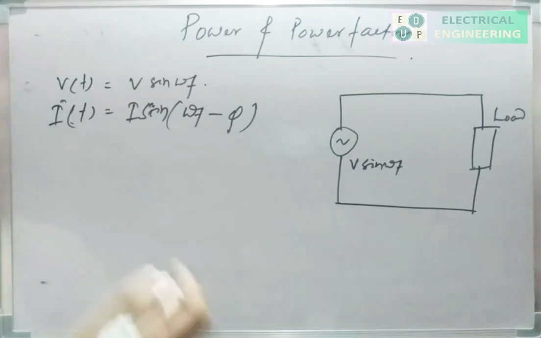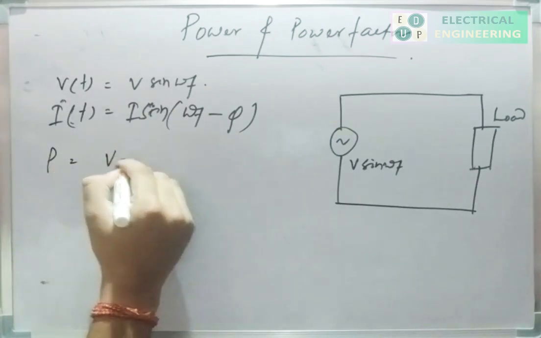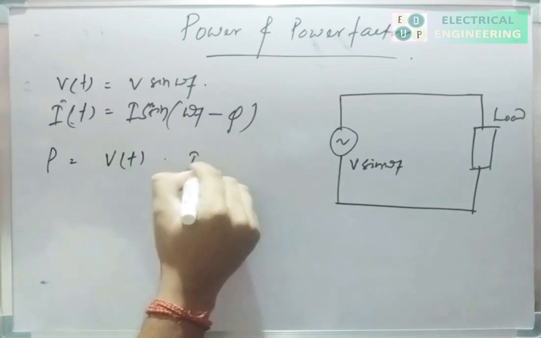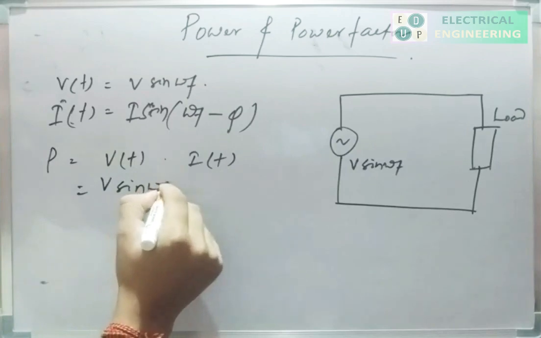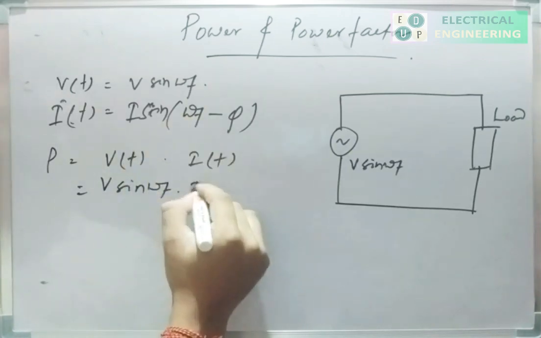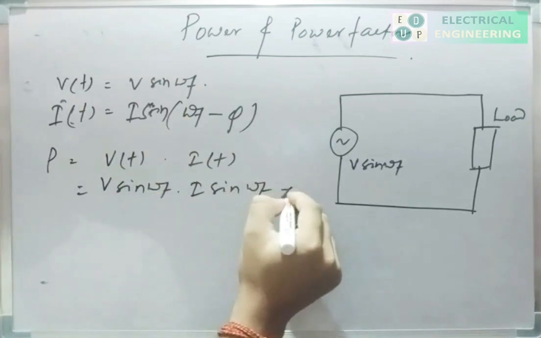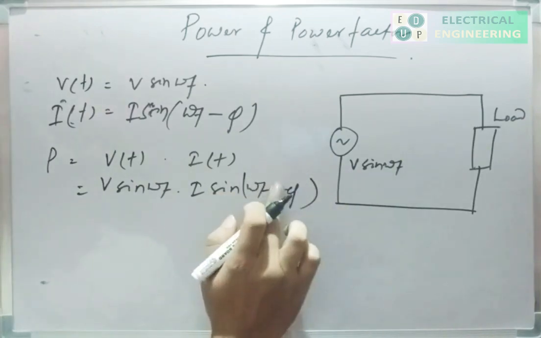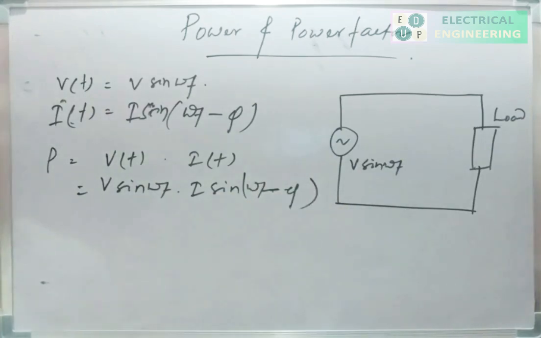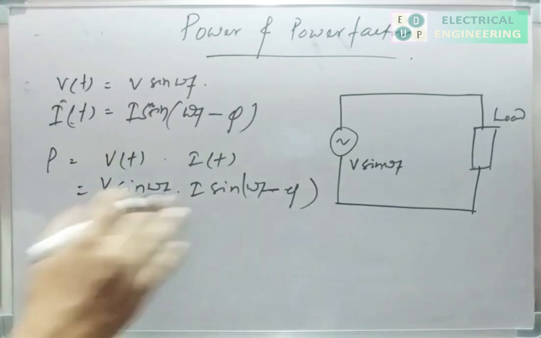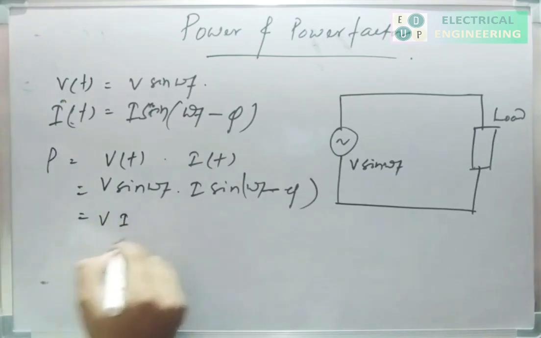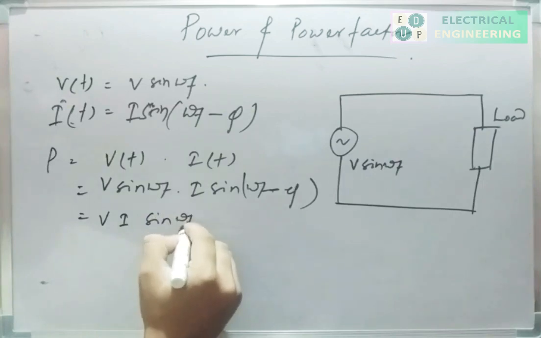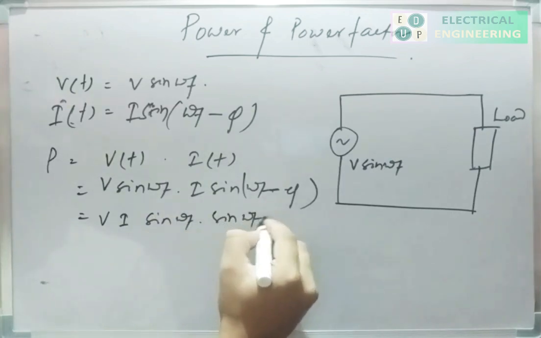So what is power here? Power is the product of voltage and current. V sin omega t into I sin(omega t minus phi). Solving this, we get V I sin omega t into sin(omega t minus phi).